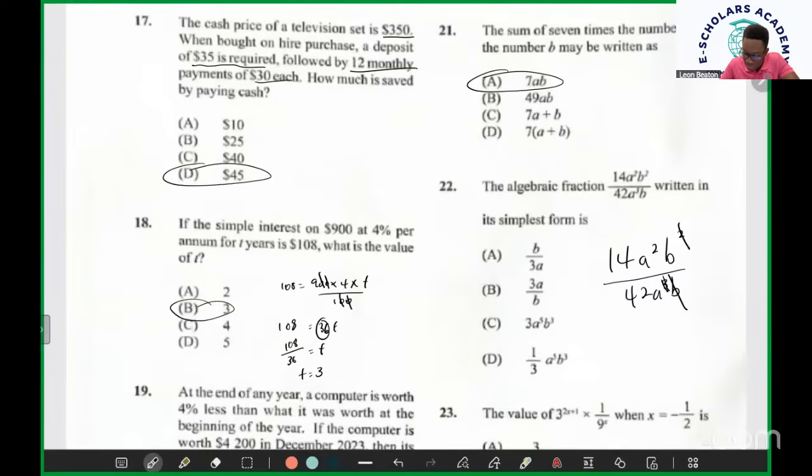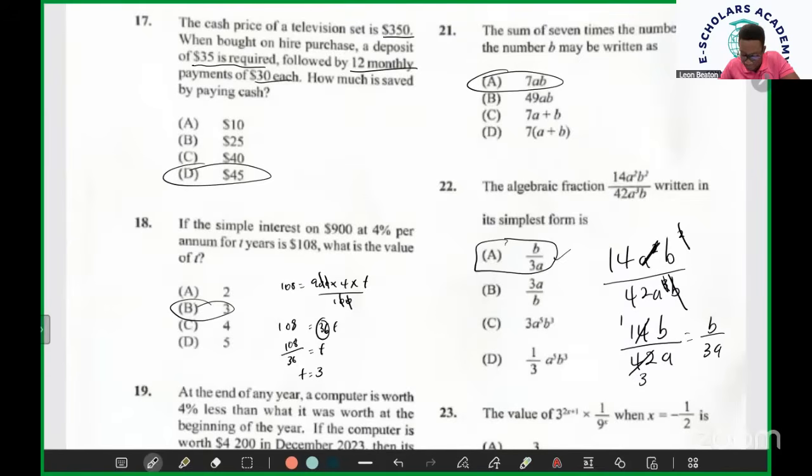Two of these a's will go with all of this. So we're left with 14b over 42a. 14 into 42 is how much? 14 and 14 is 28, 28 and 14 is 42. So this is equal to b over 3a.